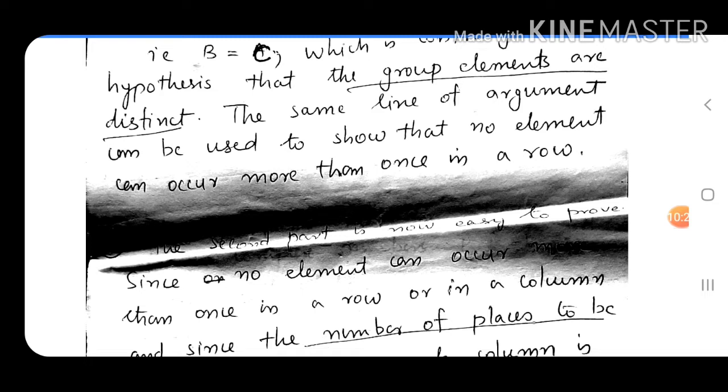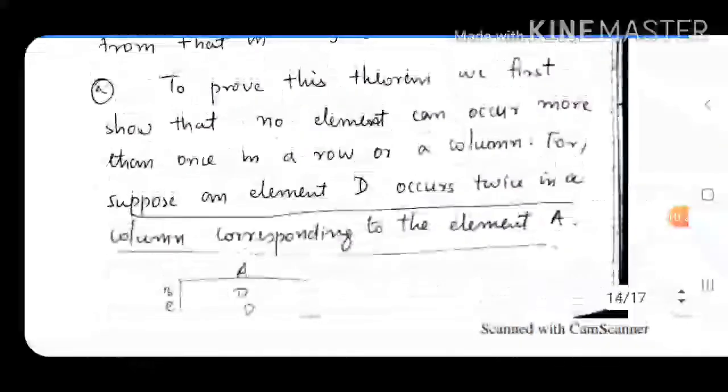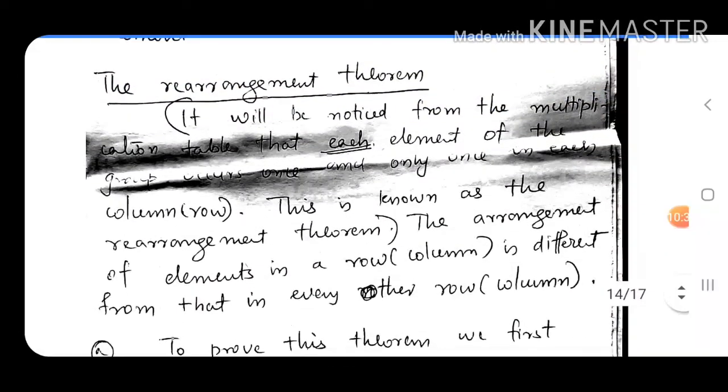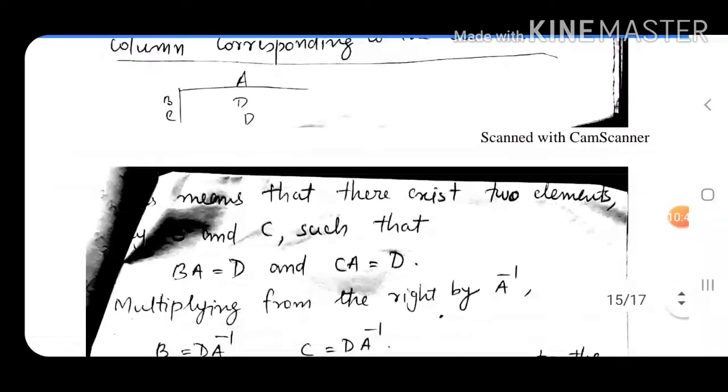What was the rearrangement theorem? That each element of the group occurs once and only once. The first part is that it occurs once, and the second part is that it occurs only once. The first part we have proved.